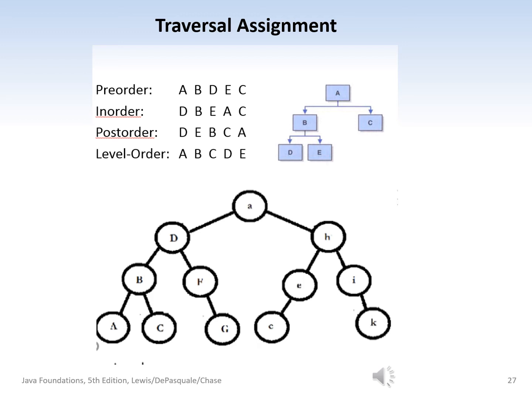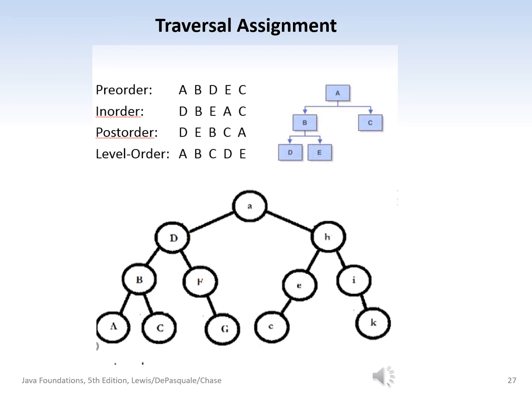Here is your assignment. You're going to take the program we just looked at and the tree that I have here on this slide, and you're going to write the pre-order and the level order traversal methods for this tree.